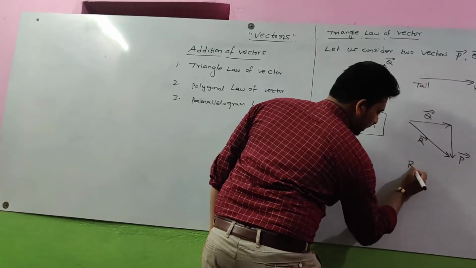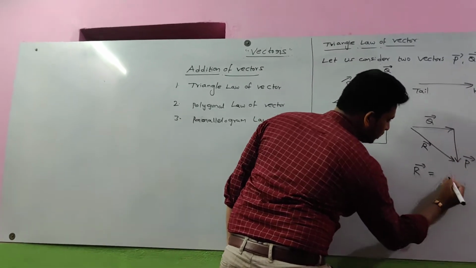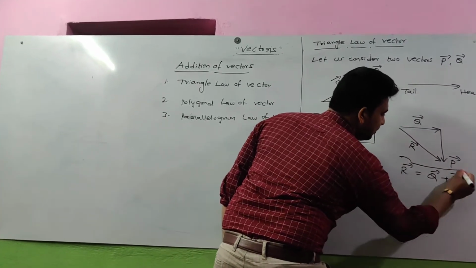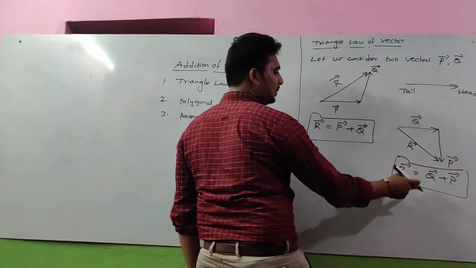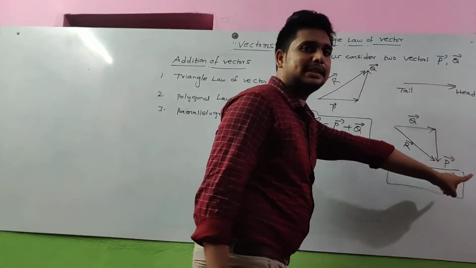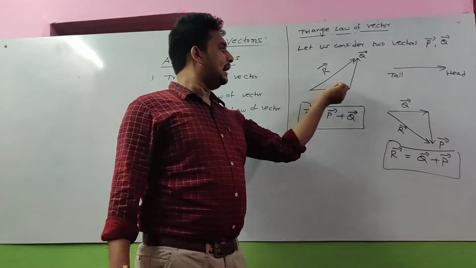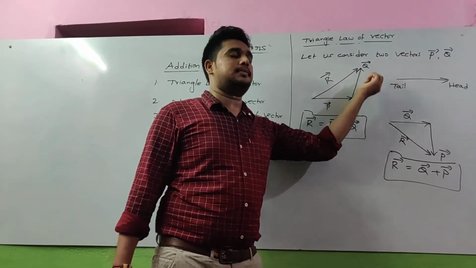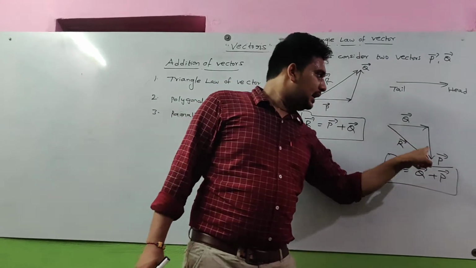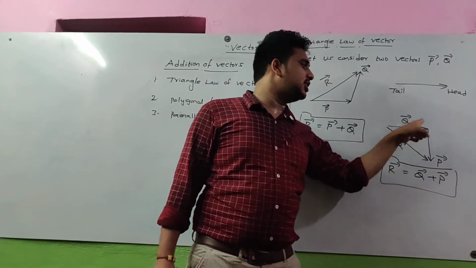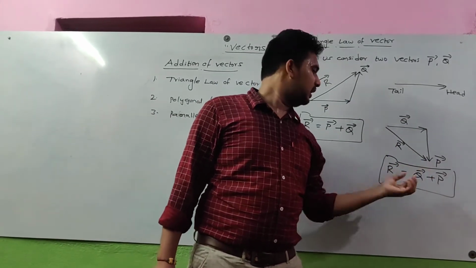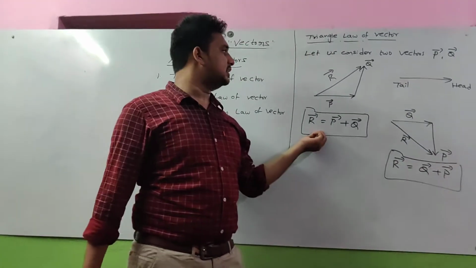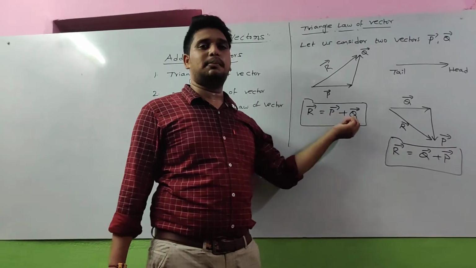Now here R bar is equal to Q bar plus P bar. In this diagram, the head part of P bar is joined to the tail part of Q bar. Here the head part of Q bar is joined to the tail part of P bar. For this one, the resultant R bar is equal to Q bar plus P bar. For the other one, the resultant R bar is equal to P bar plus Q bar.